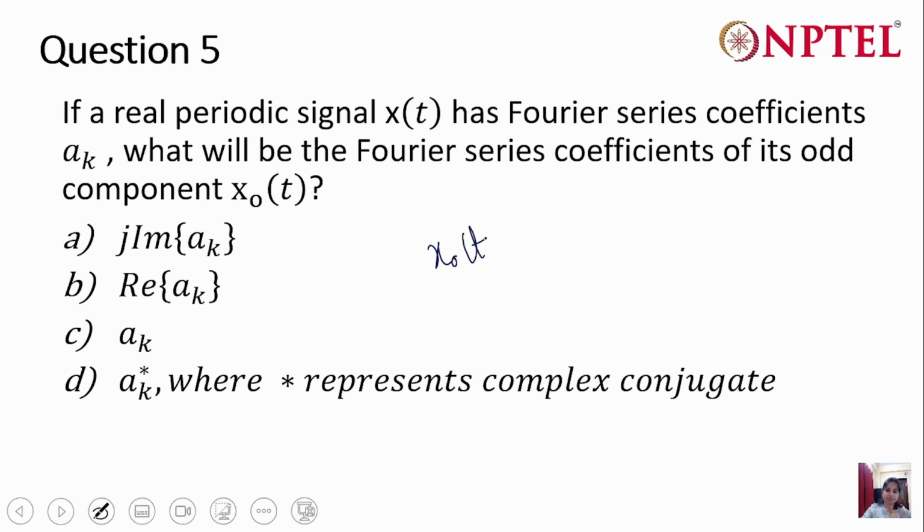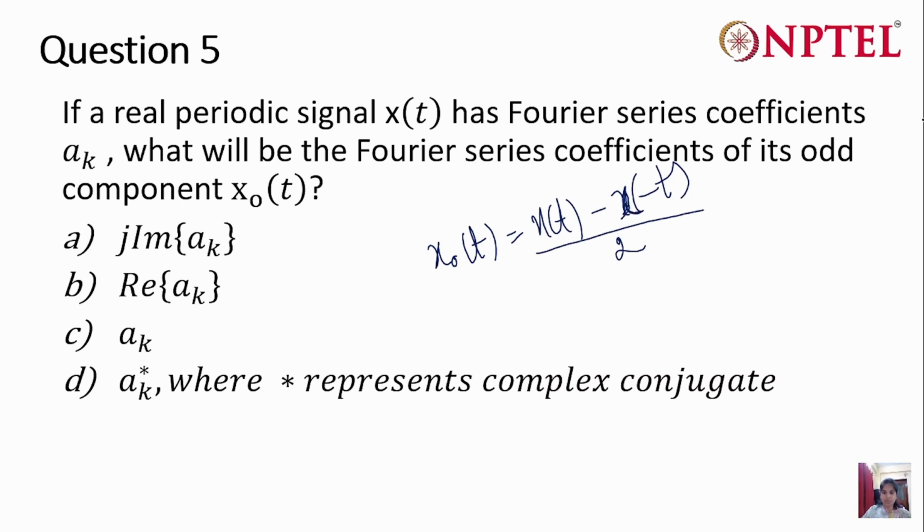As x of t minus x of minus t by 2. So this is how we write the odd component. Now in the same way we can write the Fourier series coefficient. We should make use of the information that x of t is real, and then find the Fourier series coefficient of xo of t.